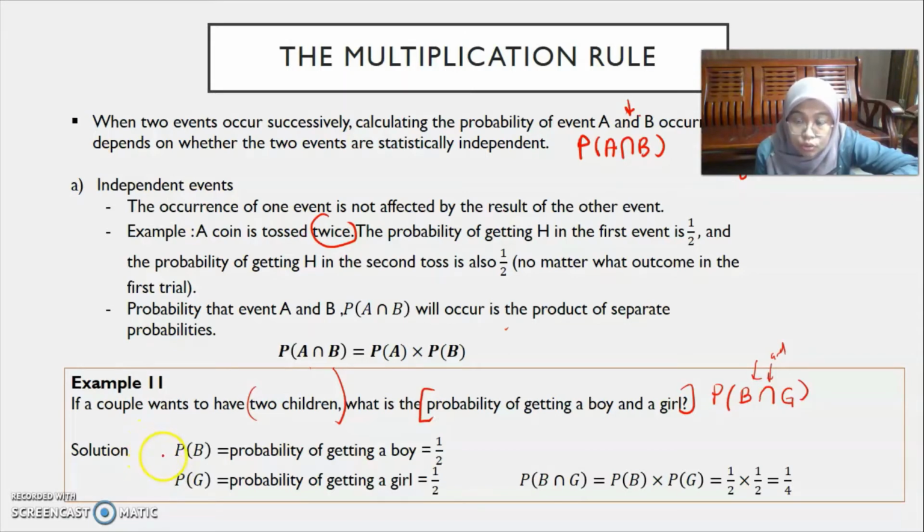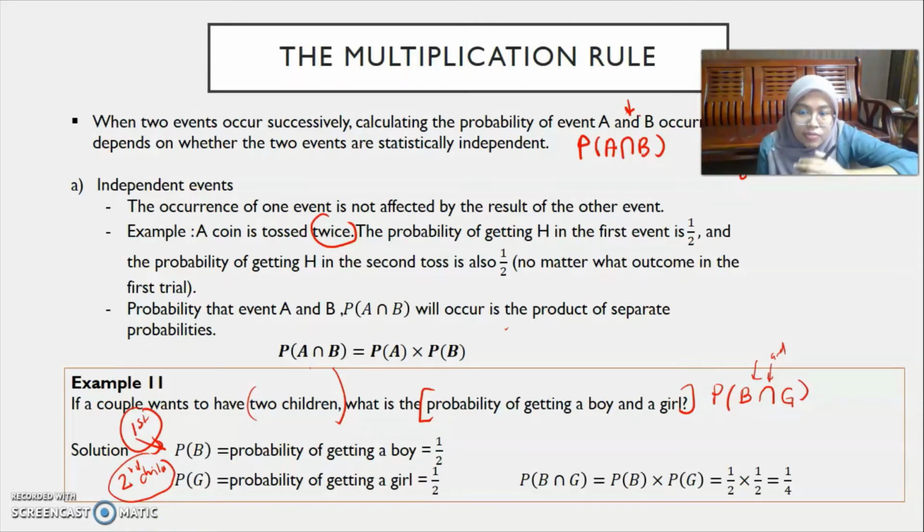The probability of getting a boy for the first child is 1/2, because the possible outcomes are either boy or girl. Now for the second child, let's say the couple wants a girl. The probability of getting a girl for the second child is also 1/2, no matter what the outcome of the first trial.